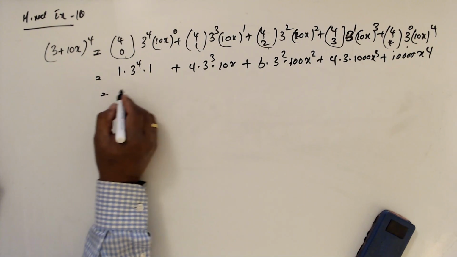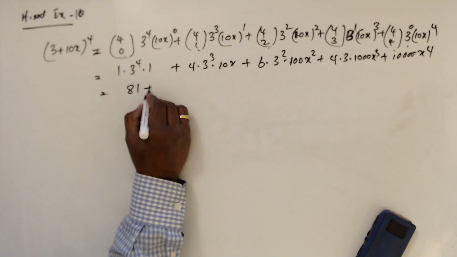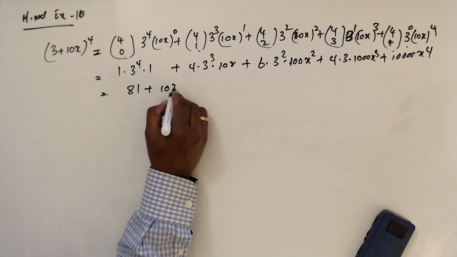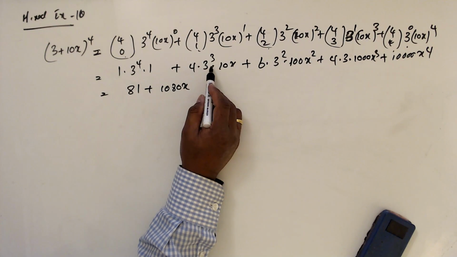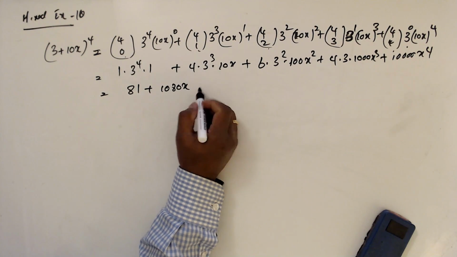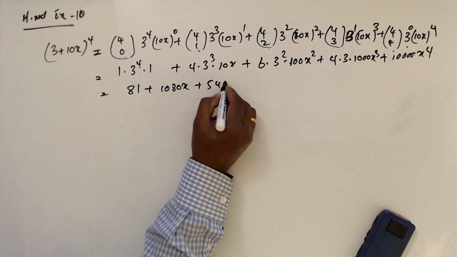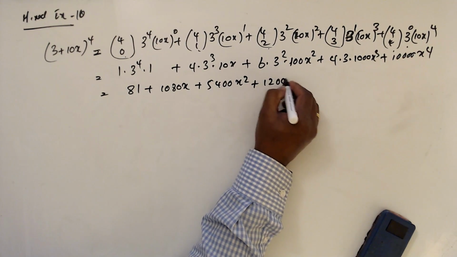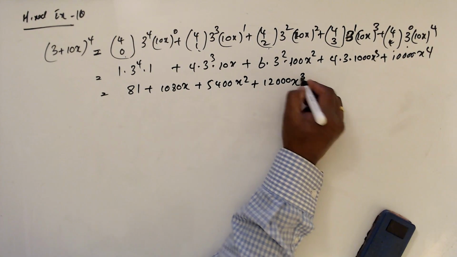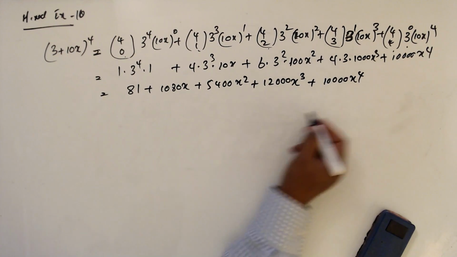So this is going to be 81 plus 1080x plus 5400x squared plus 12,000 x cubed plus 10,000 x to the power 4.